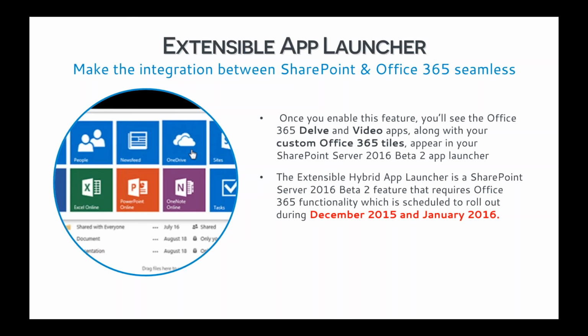So if you add a custom app to your 365, say you call it Intranet or Facebook for Work or whatever, it will also show up in the ribbon on-prem. So the ribbon is going to look a lot more integrated between Office 365 and SharePoint.